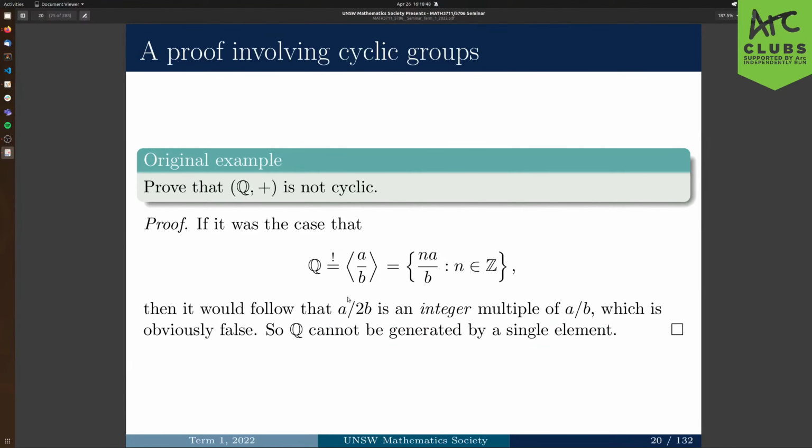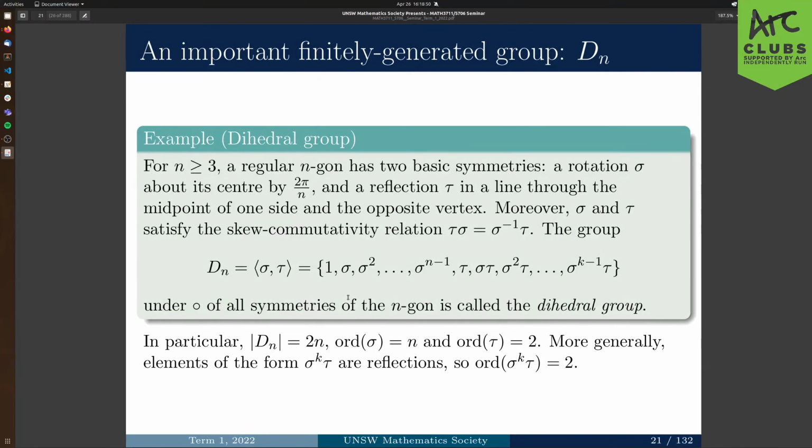So that's a nice quick one. Another group which you would have seen in this first bit of the course is the dihedral group. This is the group of symmetries of a regular n-gon for n greater than or equal to 3. It is a subgroup generated by some rotation and some reflection.